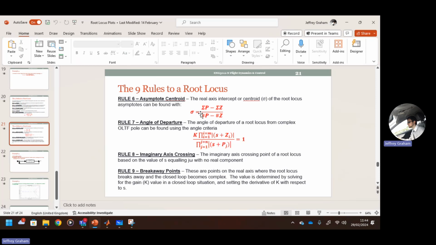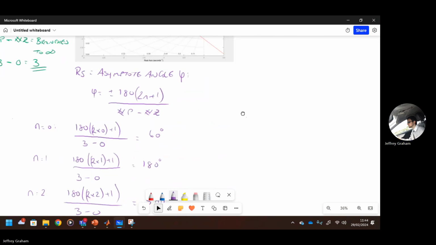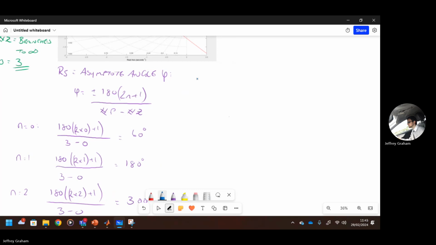So it says the sum of the poles minus the sum of the zeros, over the number of poles minus the number of zeros.